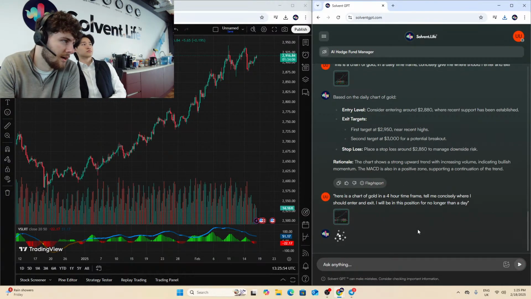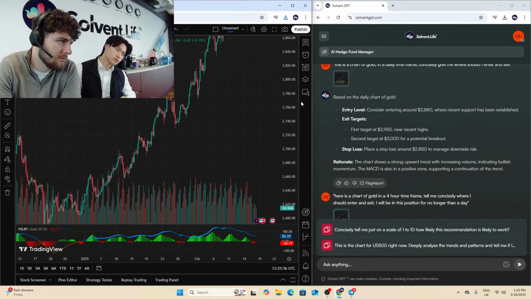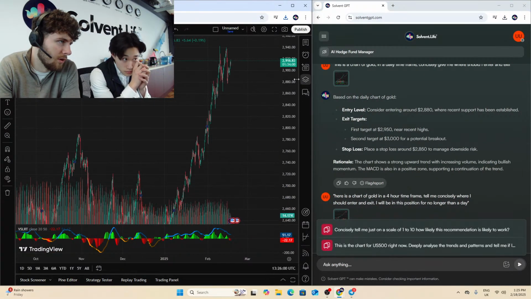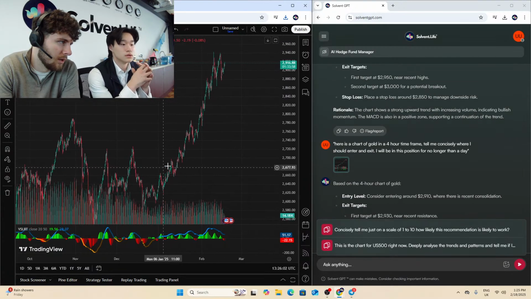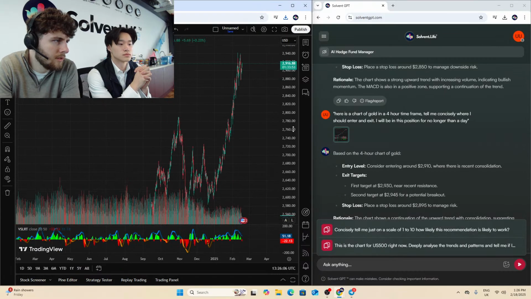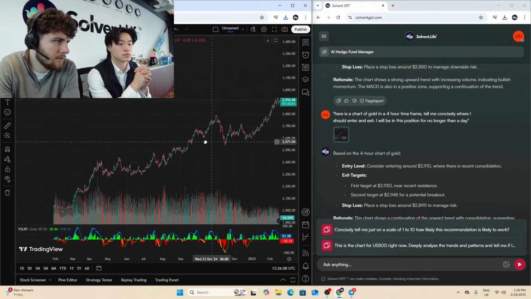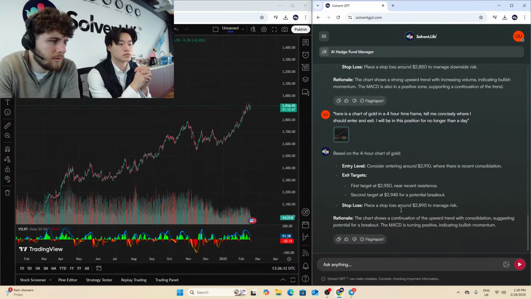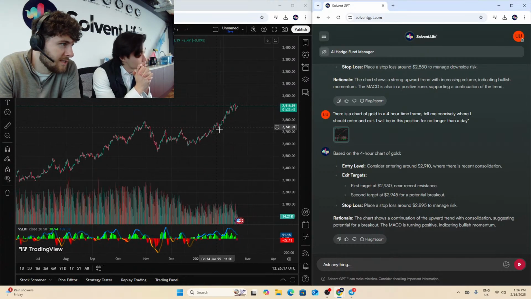As you can see, that was a big leg upwards, and it's just been climbing higher and higher. Continuation of the upwards, so the GPT thinks it's going to be bullish.